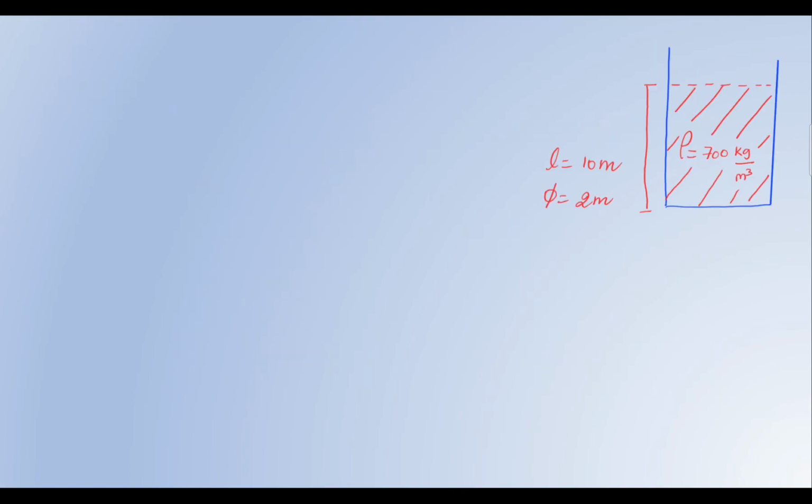So now we have to find what is the pressure at the bottom and the force that is exerted at the bottom because of this liquid, because as you know, all this liquid in the tank is going to be exerting a force down. So we've got to find the pressure and that force. So the pressure equation is rho g h, the density times gravity times the height from the top.